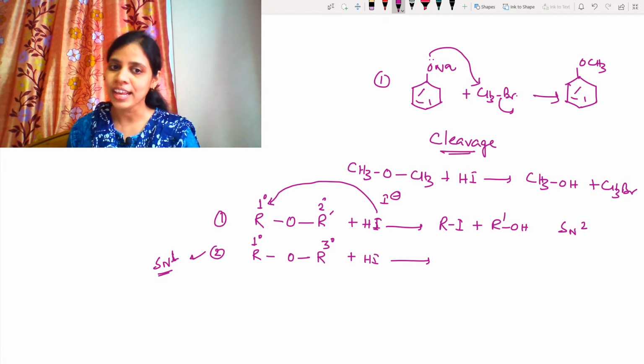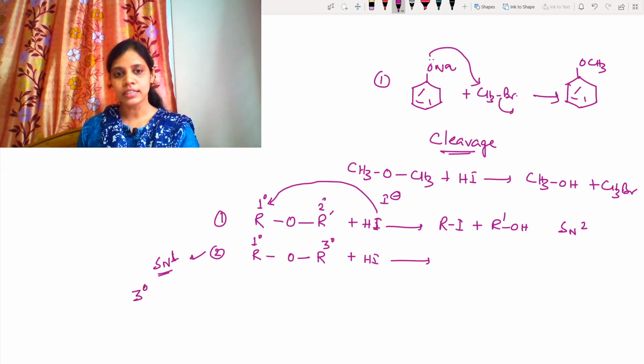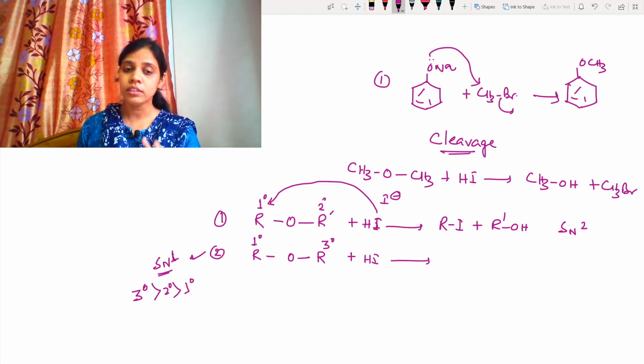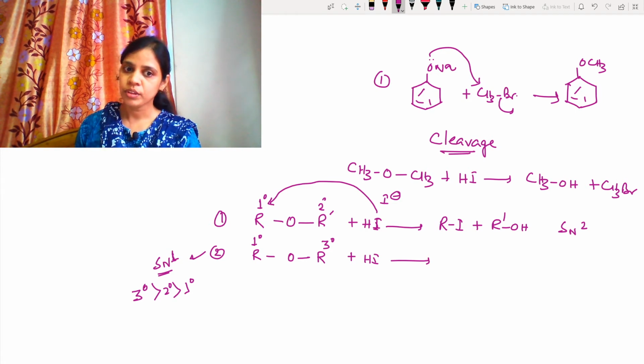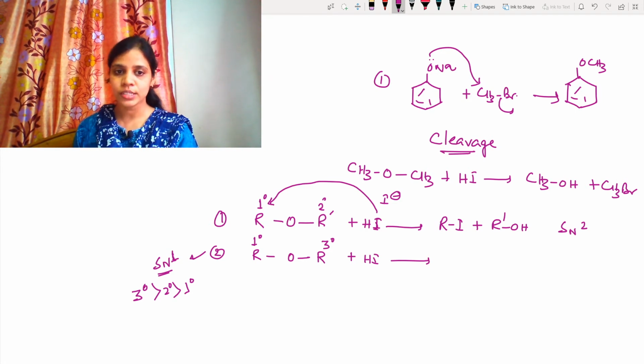You know, for the SN1 mechanism a tertiary alkyl halide always gets preference over secondary and primary, because a carbocation intermediate is formed, and the tertiary carbocation is more stable than the 2 degree or 1 degree. As the reaction follows the SN1 path, the nucleophile I minus always prefers the alkyl group which is tertiary.